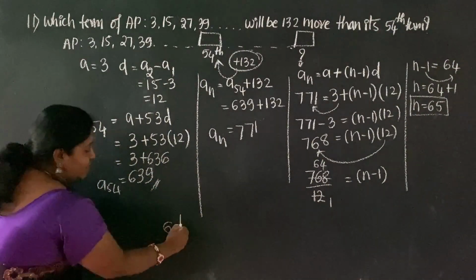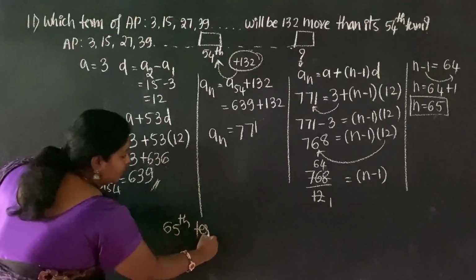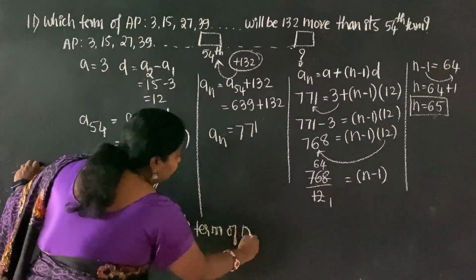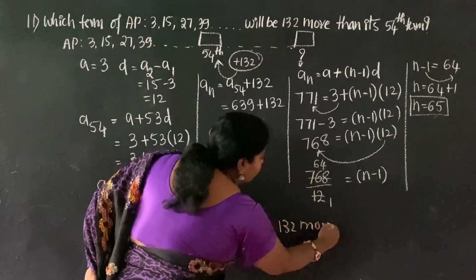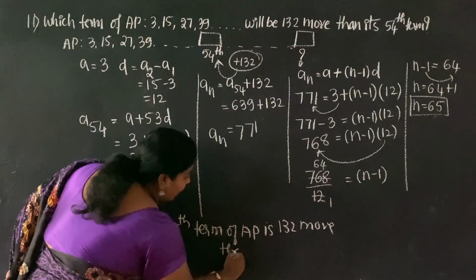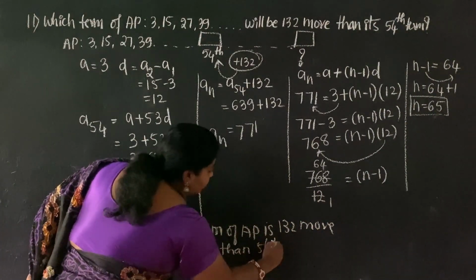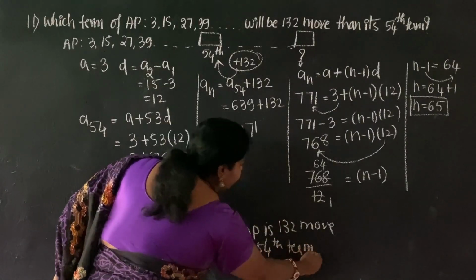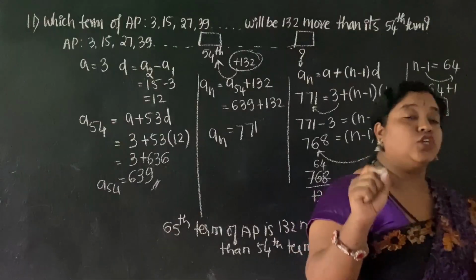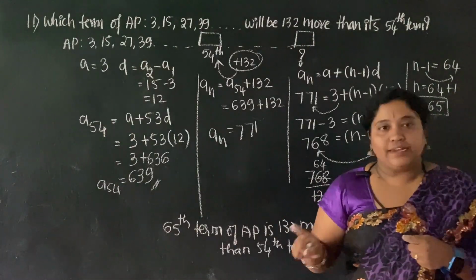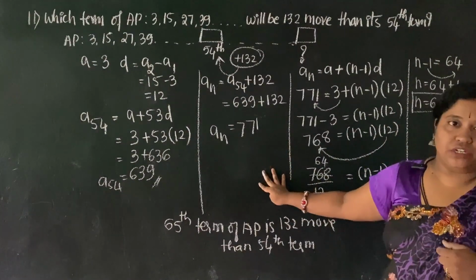I can say 65th term of AP is 132 more than 54th term. At the end, the conclusion or the result must be written here. Getting my point? We'll move to the next question.